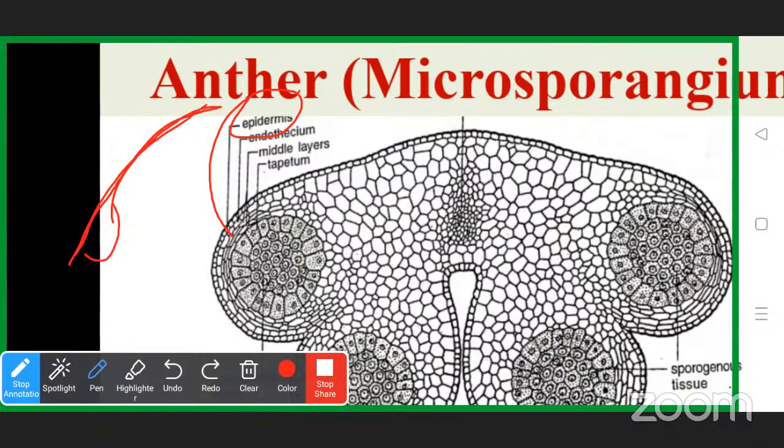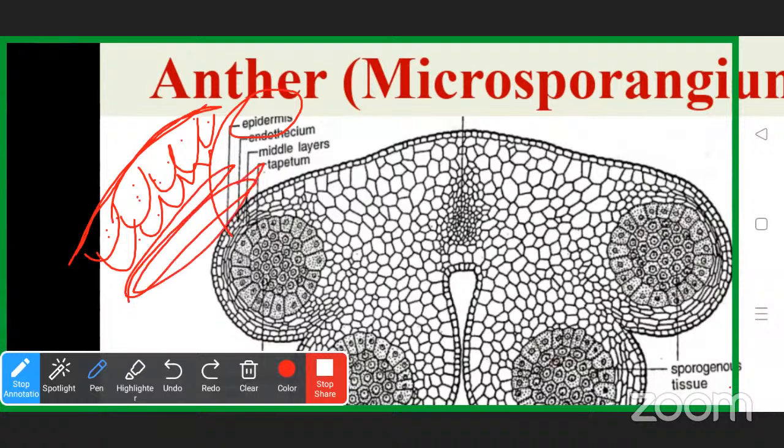The second layer, just below the epidermis, maybe one to two layers, 2 to 3 layers, is present. That we call the endothecium. The second layer is called the endothecium. And the 3 to 4, 5 layers, those we call the middle layers.